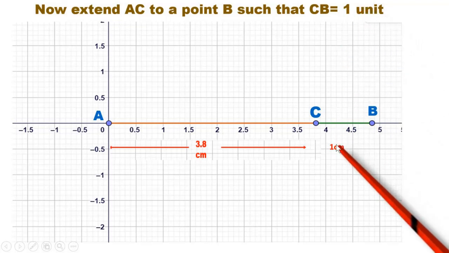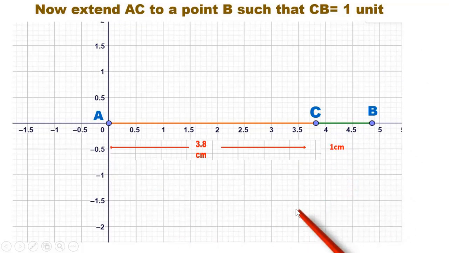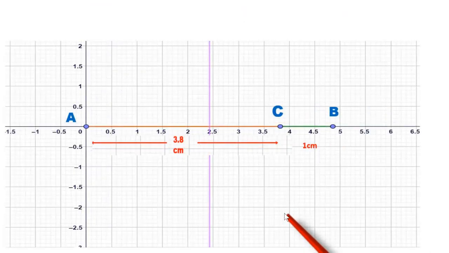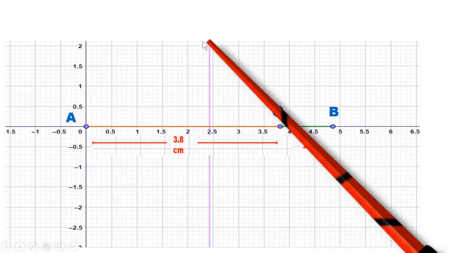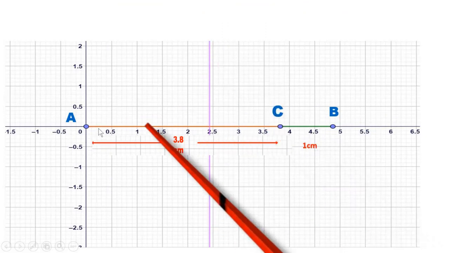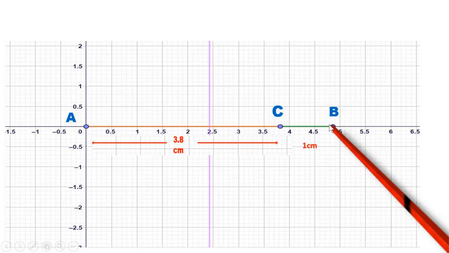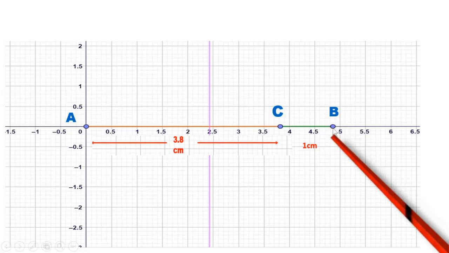Therefore we are writing 3.8 centimeter and CB also equal to 1 centimeter. Now we are going to find the midpoint of line segment AB, which is 4.8 centimeter.